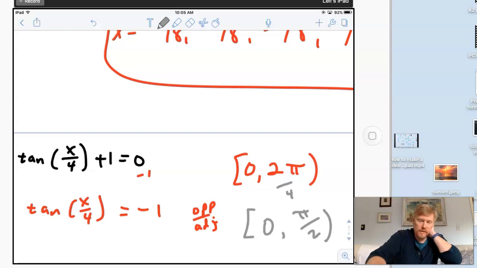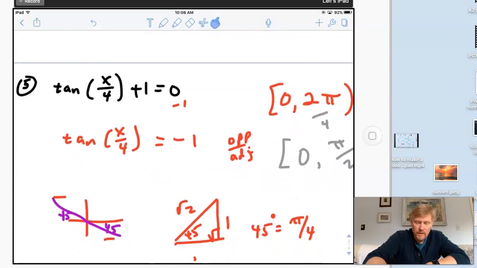So the other thing I did was I subtracted 1 from both sides here, and I'm looking for the tangent of what angle gives me negative 1. So tangent being 1, forget the negative for a moment, that gives me a 45-degree reference angle, okay?